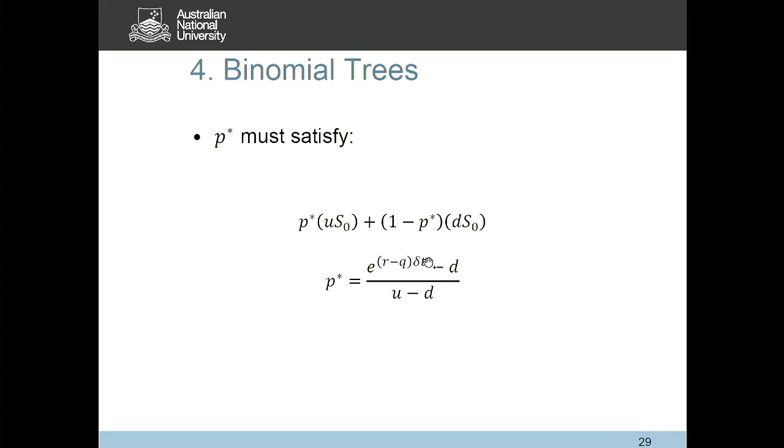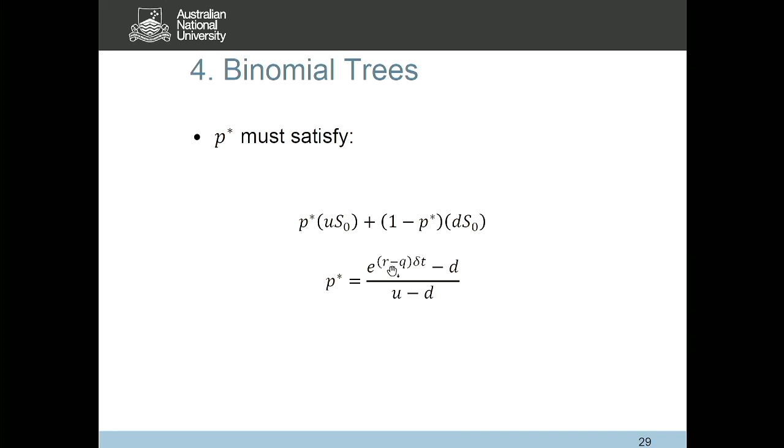So what is delta T? Delta T is not your maturity. It's the time length of one step in the tree.